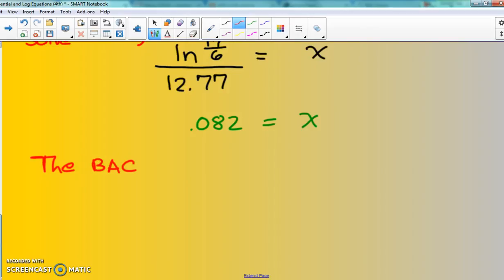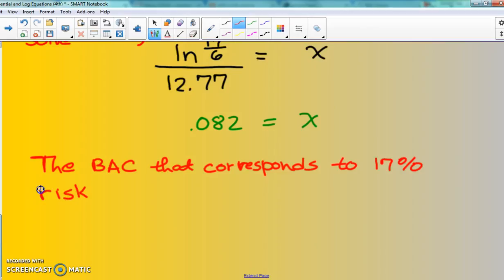So the blood alcohol concentration that corresponds, so we're using the words from the actual question, to a 17% risk of an accident is 0.082.